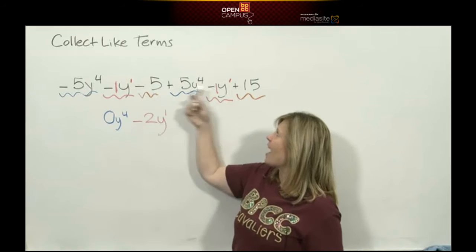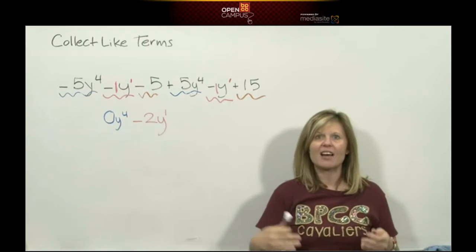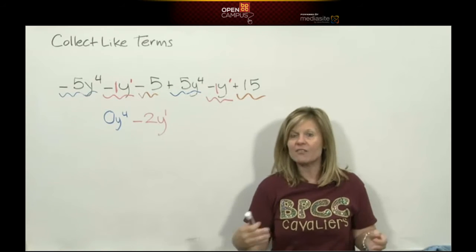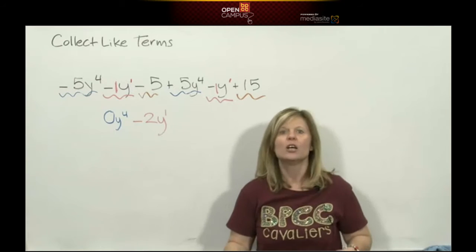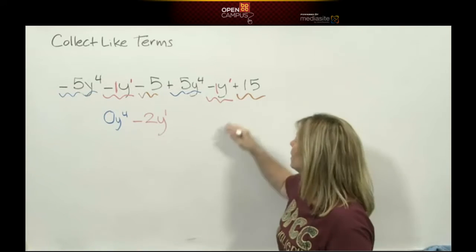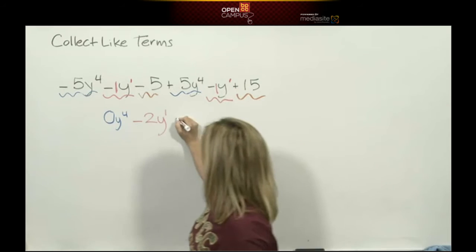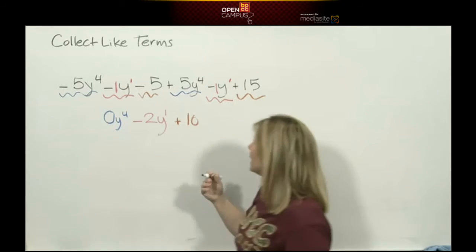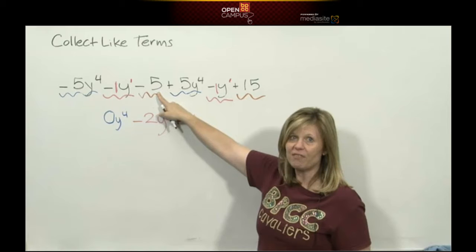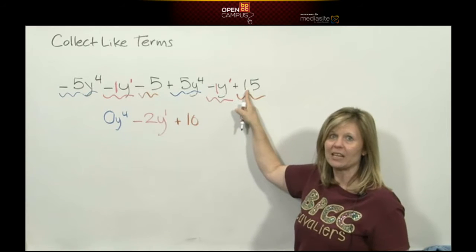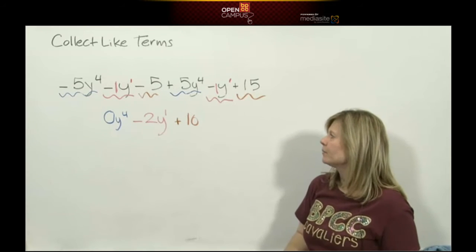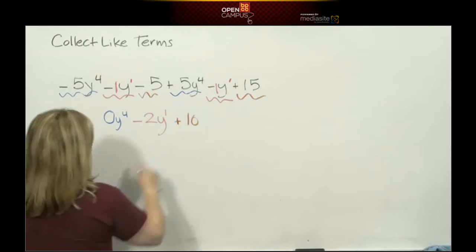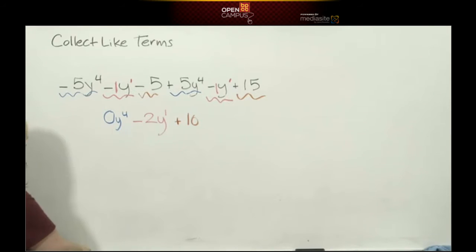So 15 minus 5 is 10. How do you decide if it's a positive 10 or a negative 10? You look at the sign of the larger number. The 15 is larger, it's positive, so this 10 has got to be positive. It makes sense. I lost 5, but then I won 15, so I'm ahead 10.